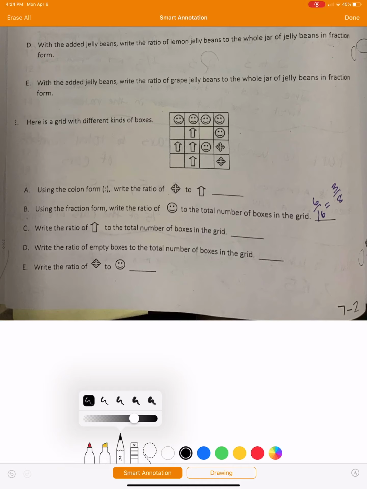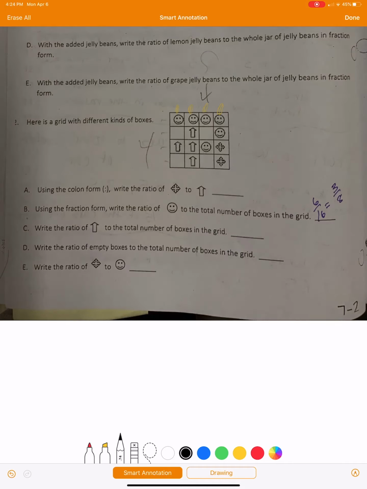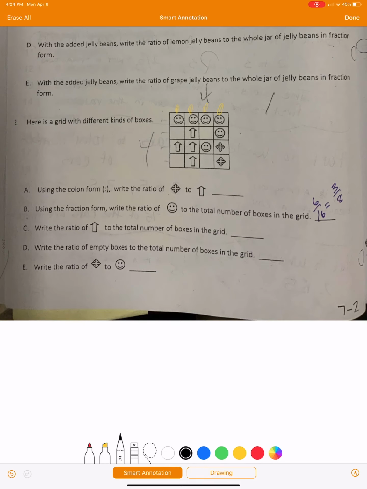There's 1, 2, 3, 4 boxes this way, and then 1, 2, 3, 4 boxes that way. So it's a 4 by 4 square, which means there are 16 total.